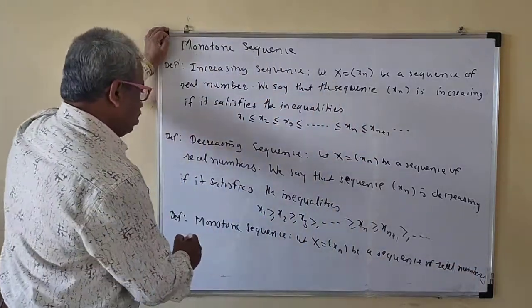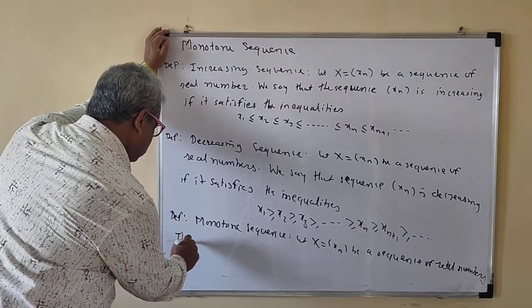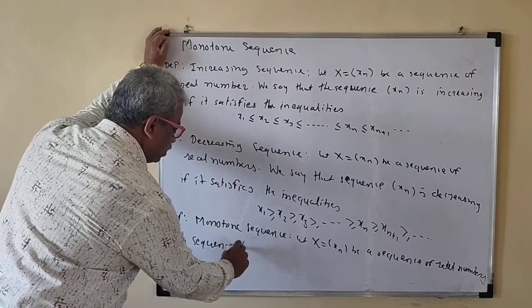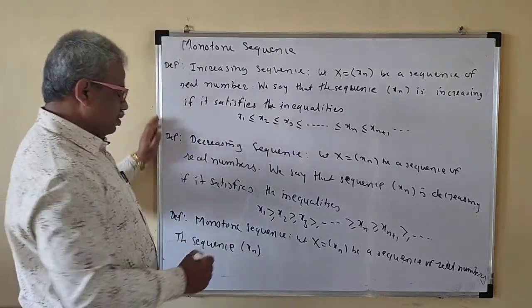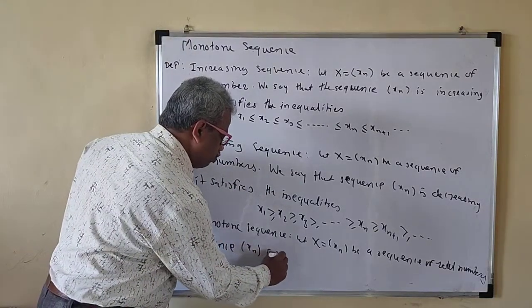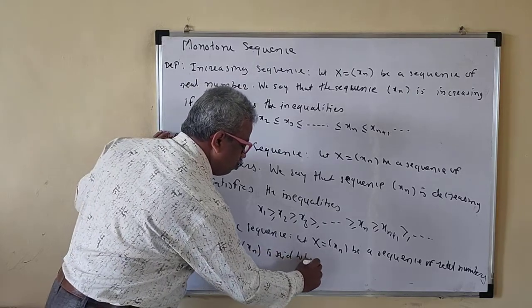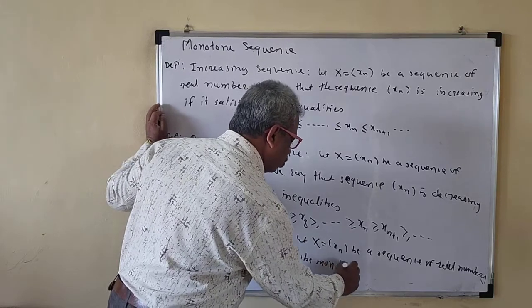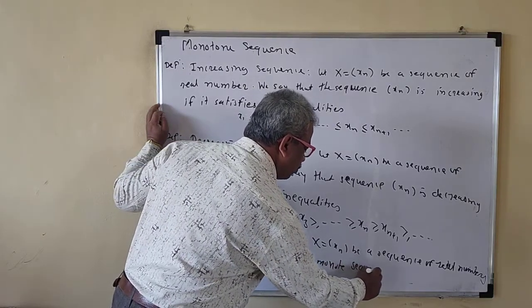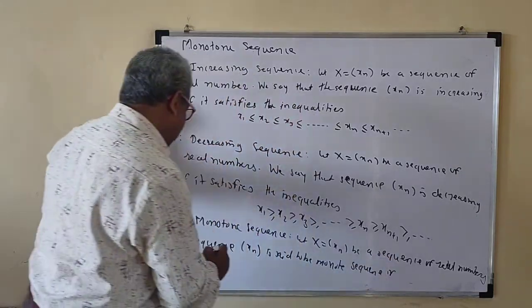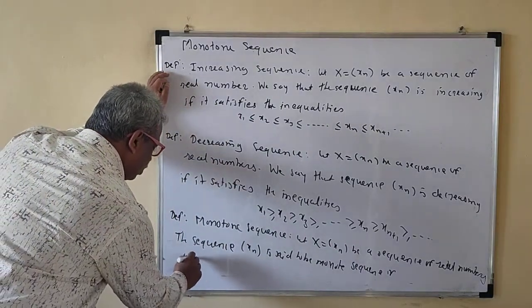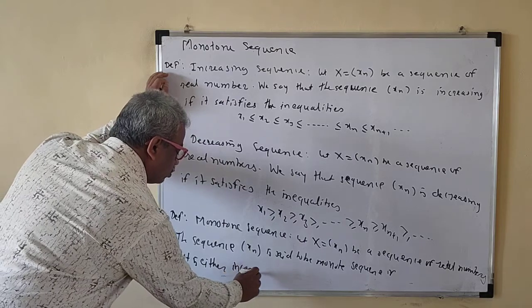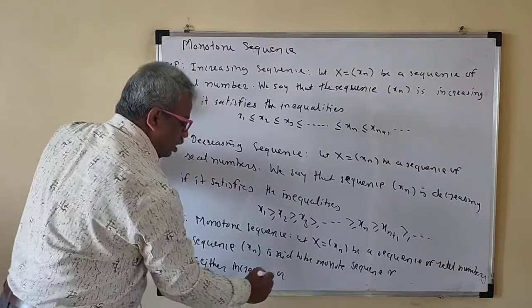The sequence xn is said to be a monotone sequence if it is either increasing or decreasing.